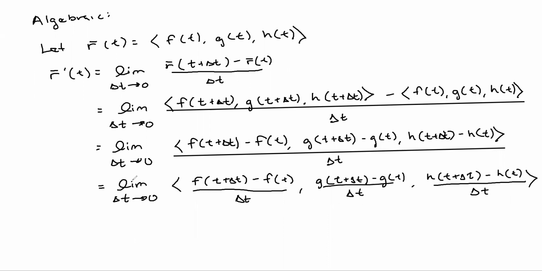And then finally, as we defined in the last section, the way that we take the limit of a vector function is by taking the limit of each of the components.